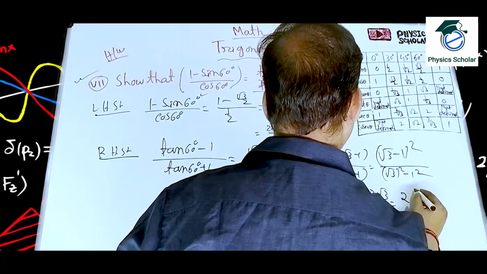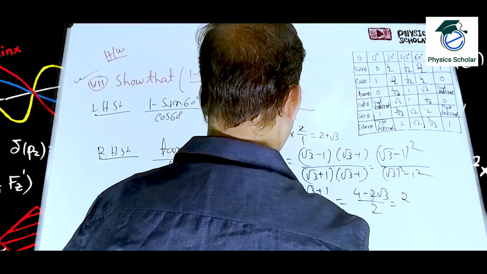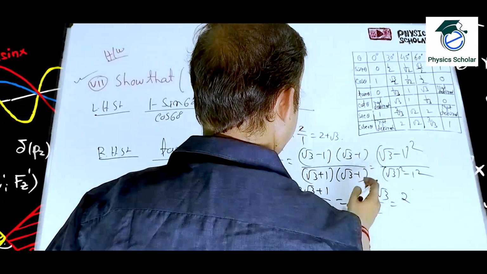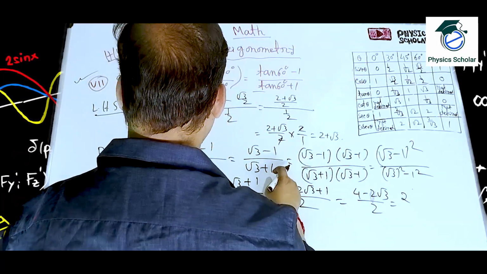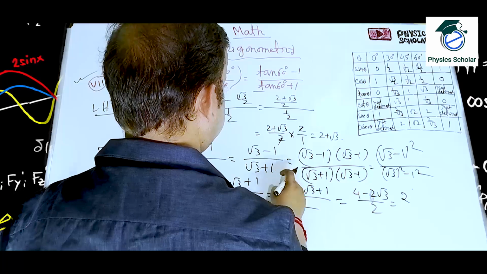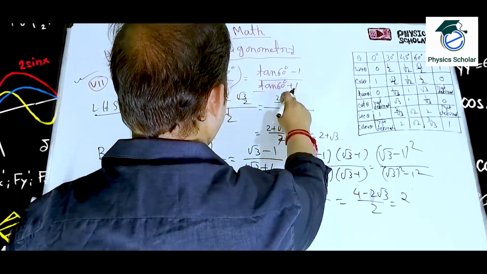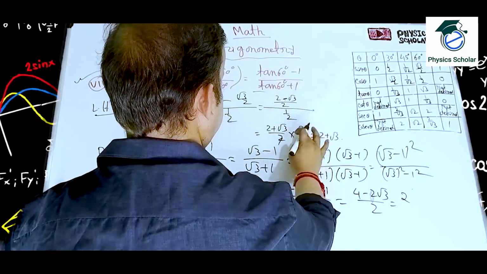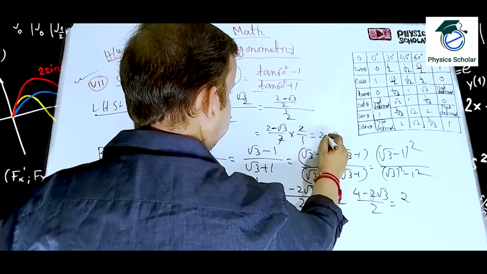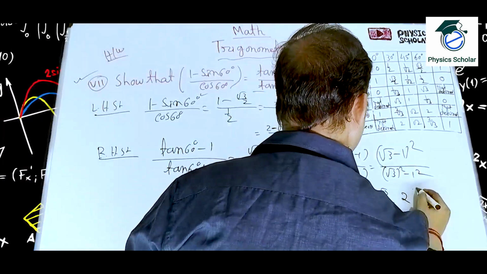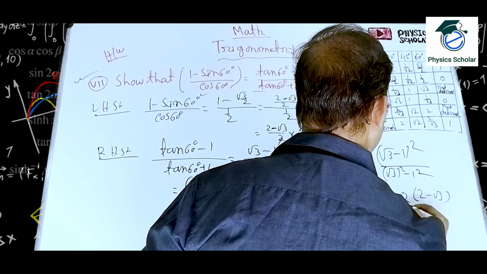So 2 common, it will be 2 minus root 3 by 2, and the 2 cancels.